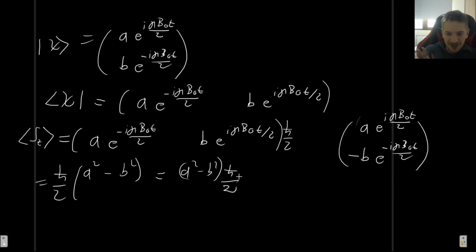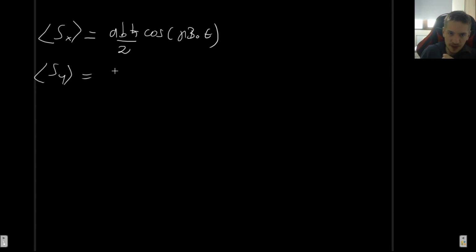And this doesn't depend on time like the other results did. So let me now go to a new page where I will put everything together. For Sx, we found that it was a b h bar divided by 2 times the cosine of gamma b0 t. For Sy, we found that it was minus a b h bar divided by 2.